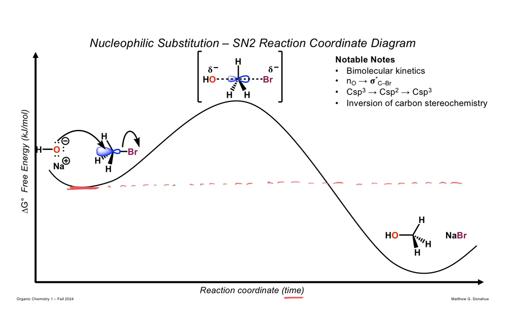And now the difference between what we saw for the radical substitution is this. This is now called delta G, and that's the free energy. Anyone know what the G stands for? Gibbs.